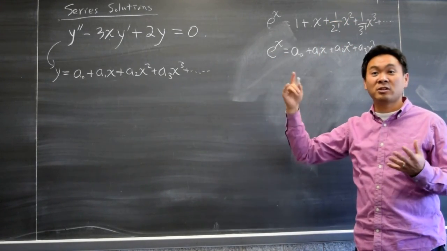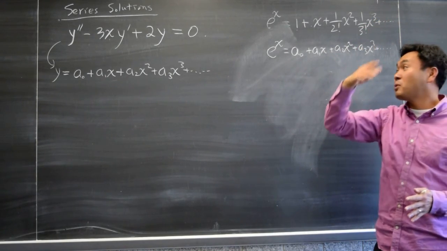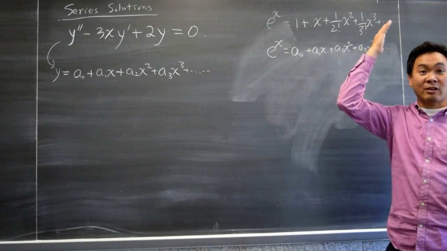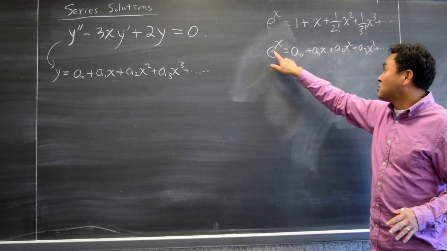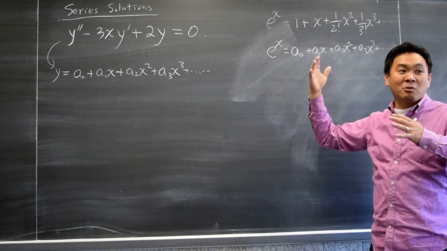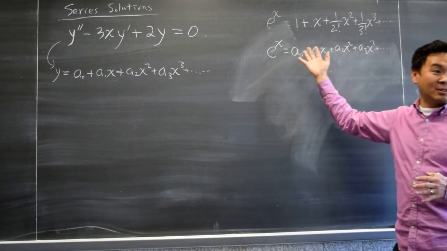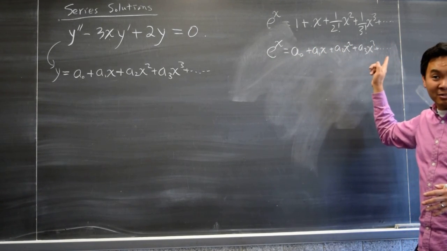If you compare e to the x with, say, x squared, they both increase, but e to the x increases much faster, right? So the idea is this: if e to the x is stronger than any other polynomial, why not think of e to the x as some infinite order polynomial? So you write it as a power series that never ends, right?